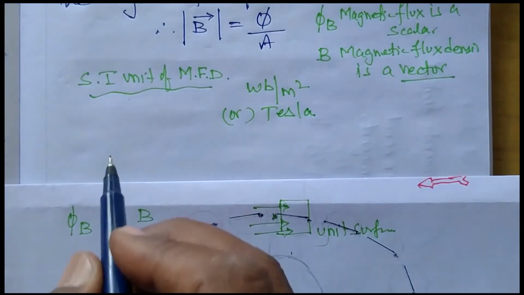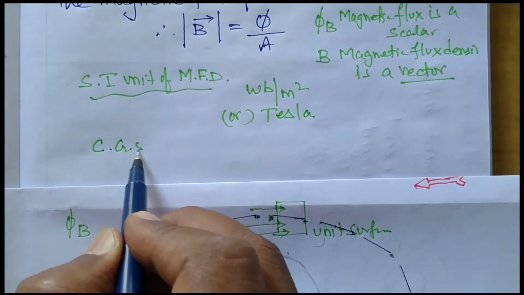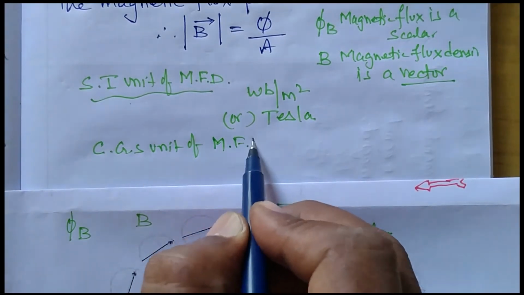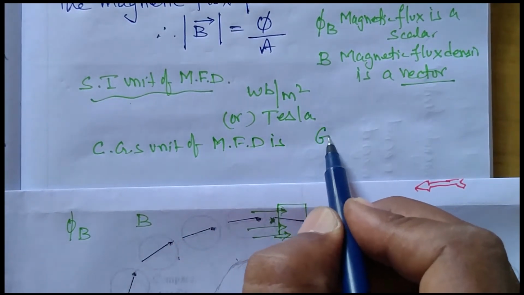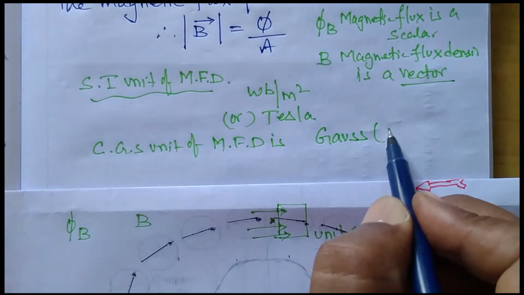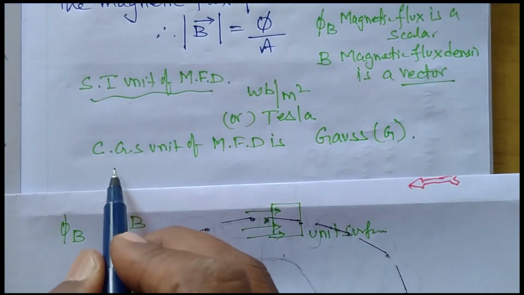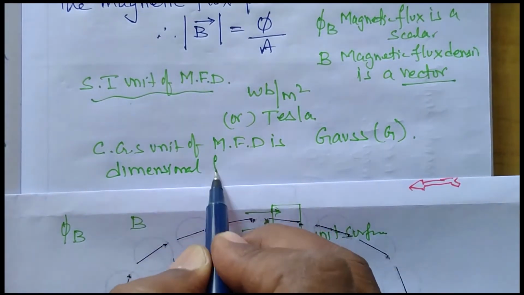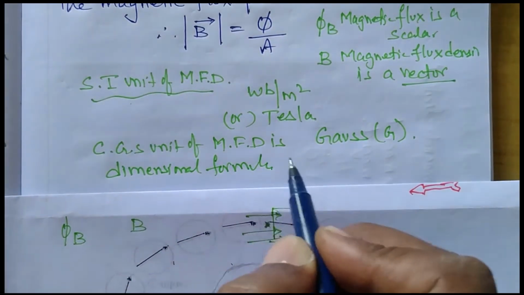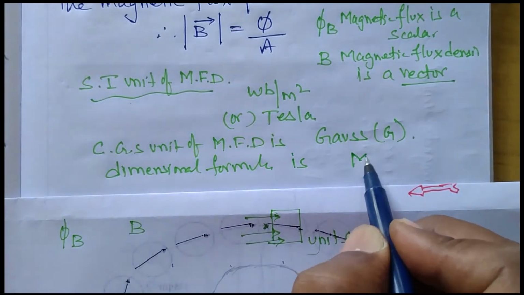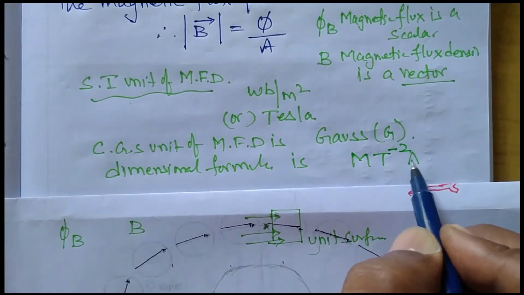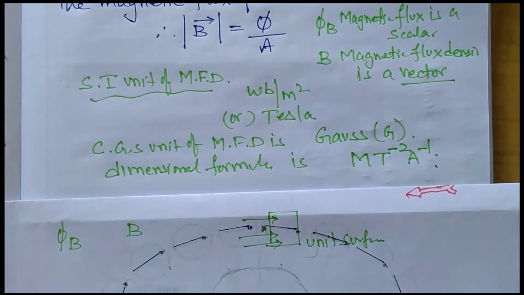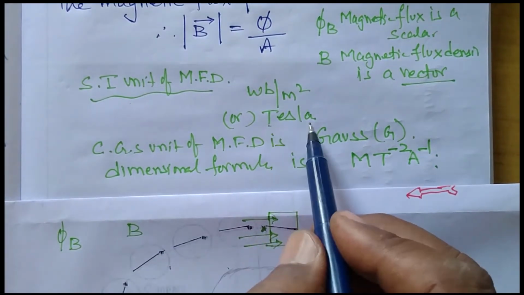The CGS unit of magnetic flux density is Gauss, denoted by the letter G, and the dimensional formula is M T^-2 A^-1. Therefore, magnetic flux density is also measured in Tesla.